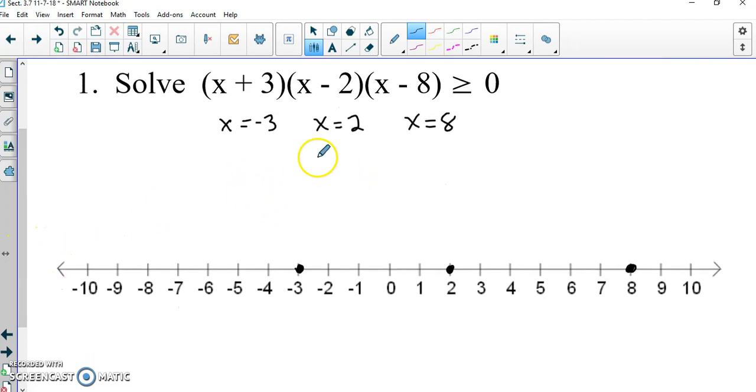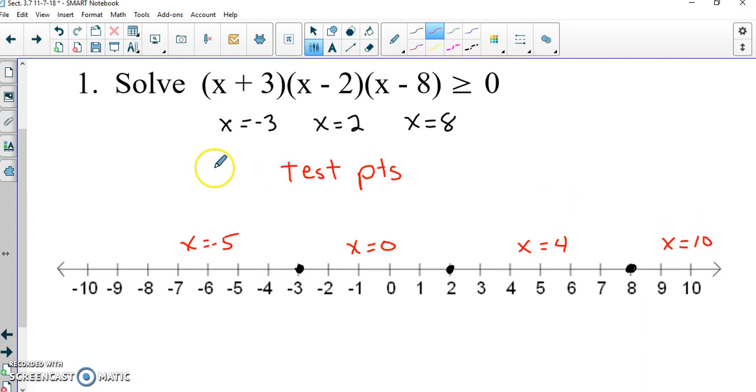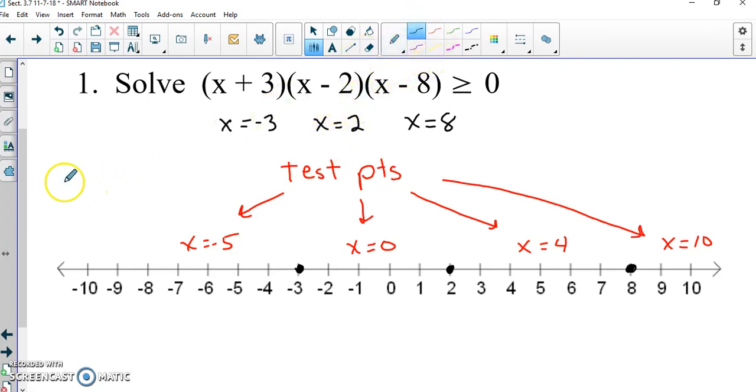Now we're going to go back to test points. I need to find test points between and beyond where it equals 0. So let's use -5, sounds good. Let's use 0. I always like to use 0. Let's use 4 and 10. Now I am going to use the factored form, and substitute into it and examine that.